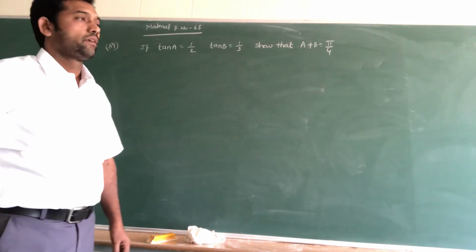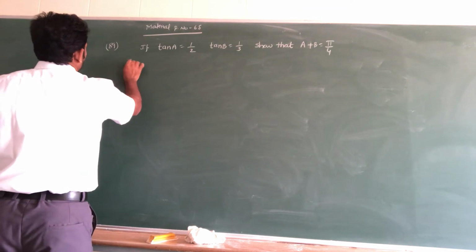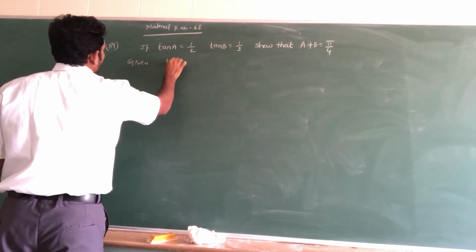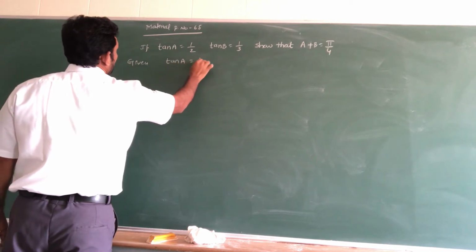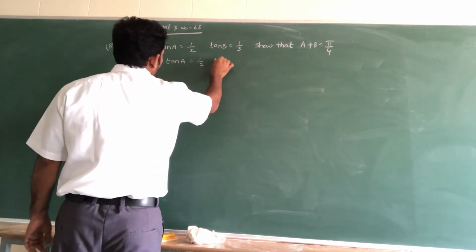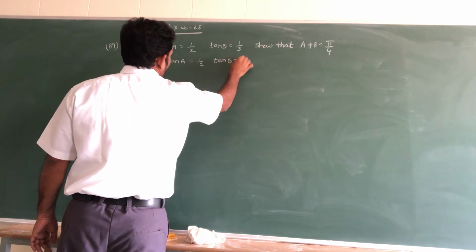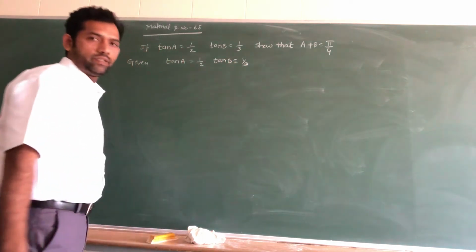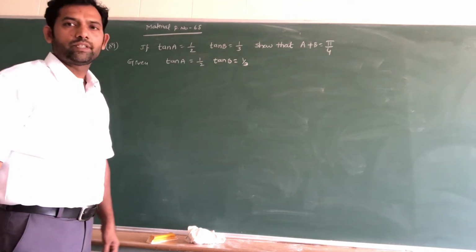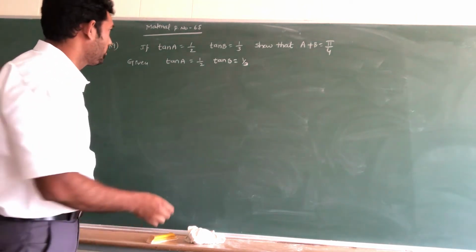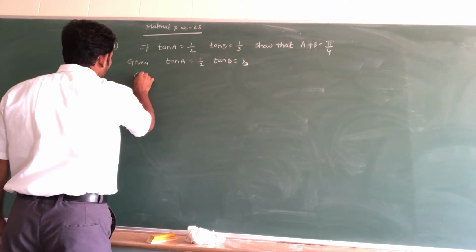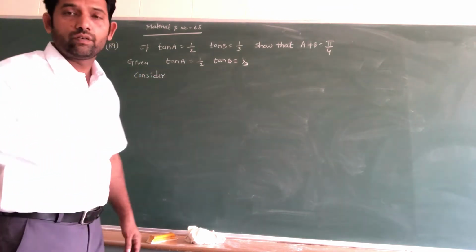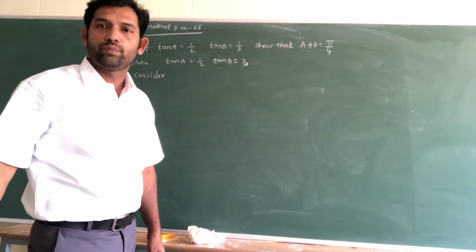See, here the given data: tan A value is given as 1 by 2, and tan B value is given as 1 by 3. So A plus B equal to pi by 4 is what we are going to prove, right?